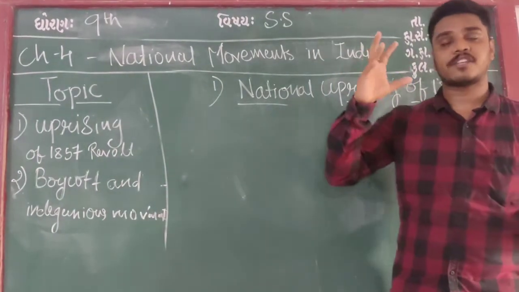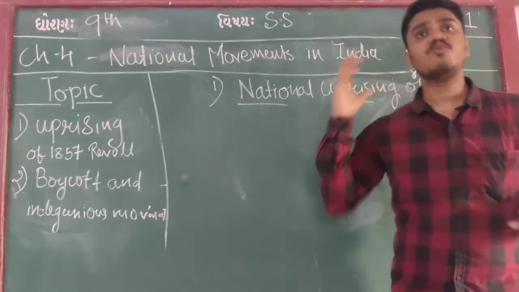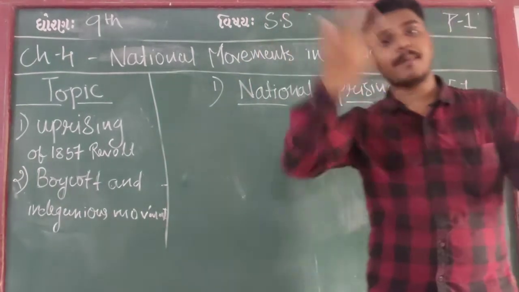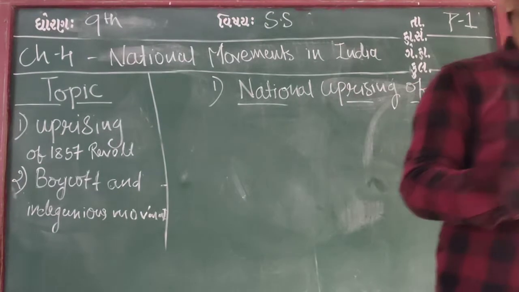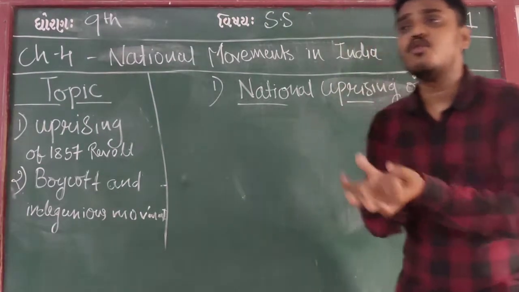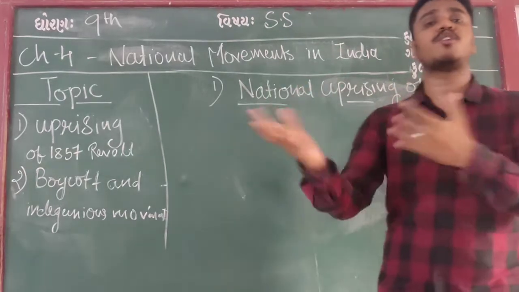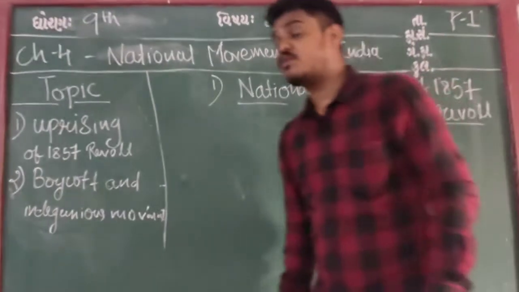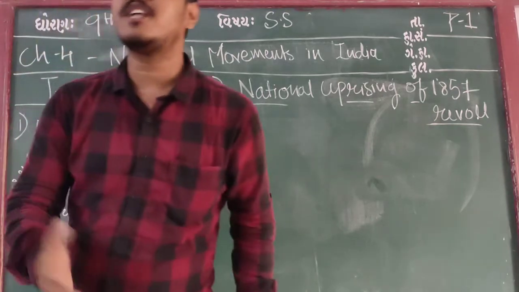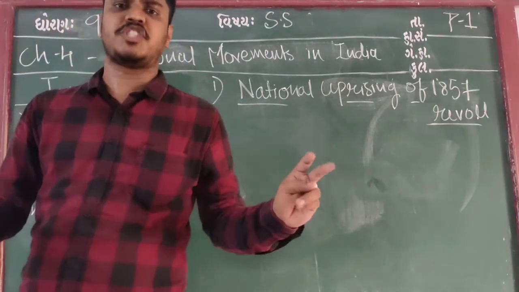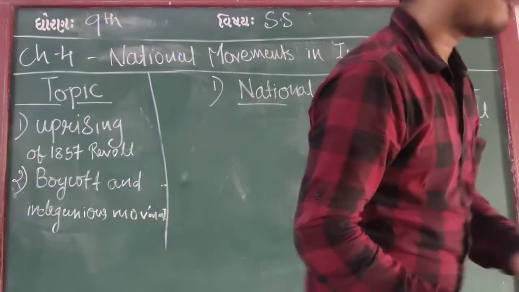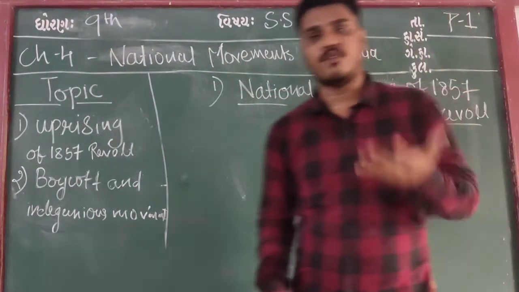The Britishers were extremely cunning, and they used the kings of our India in a different manner, so that the kings didn't realize what was going on and how to move out of this situation. So you can understand that Britishers were very powerful. Because of that, the 1857 revolt started.